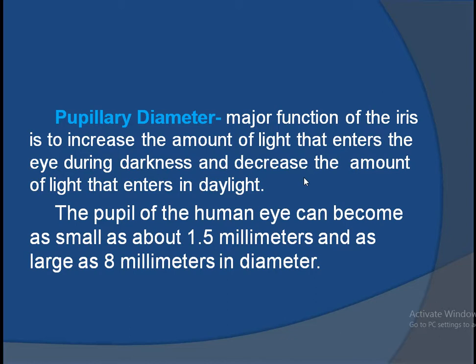If you have very intense light, the pupil is going to be constricted to a very small size. In dim light, when there is darkness, this hole enlarges. So it depends upon how much light is available.